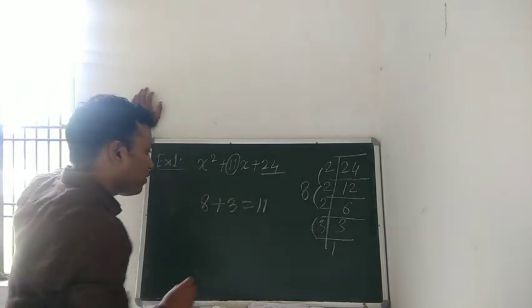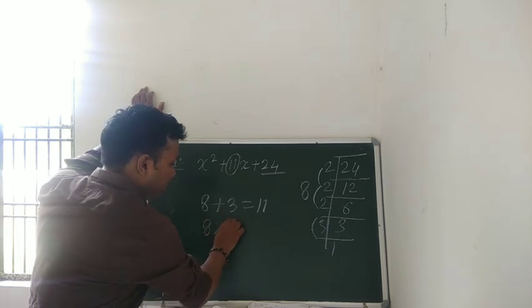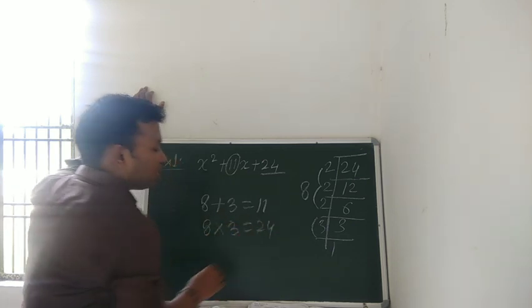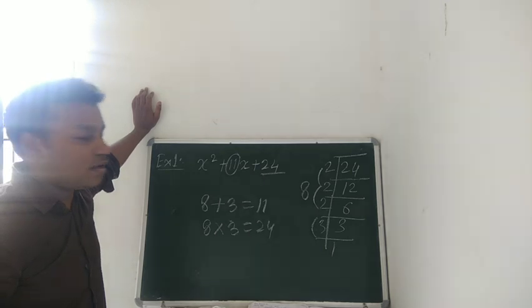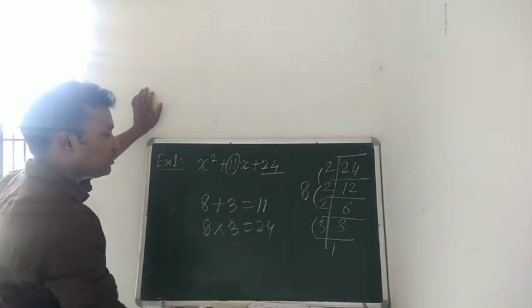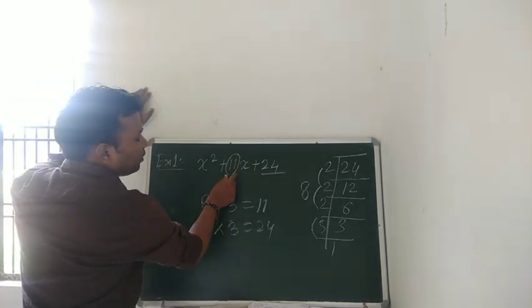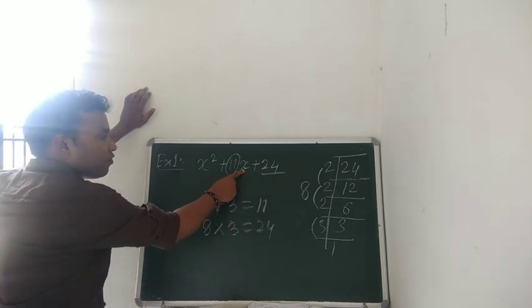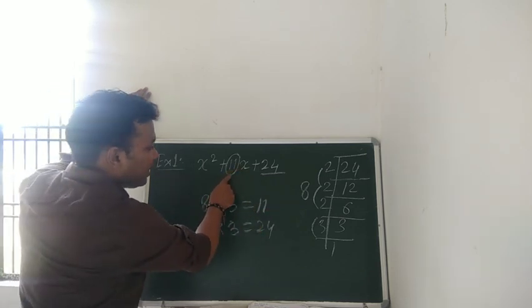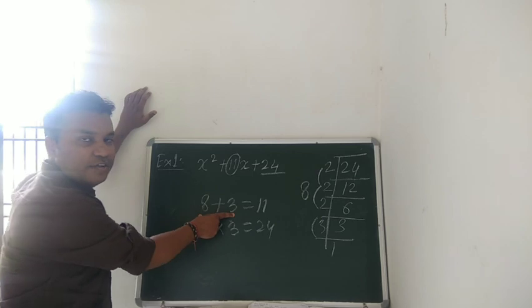that is the coefficient of x, and when we multiply them, they give the value of c. Thus we can write 11, that is the coefficient of x in the given expression, as the summation of 8 and 3.